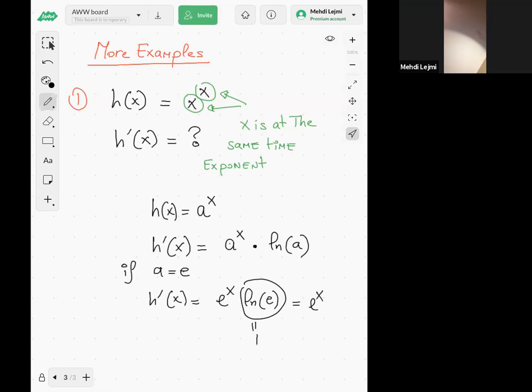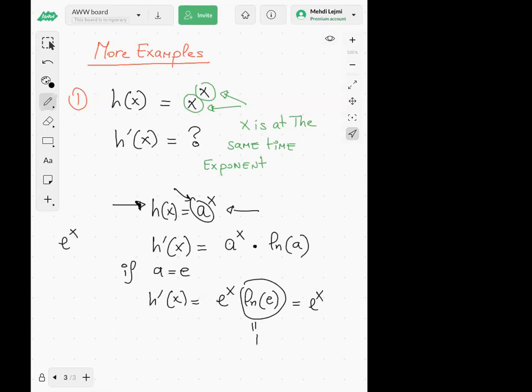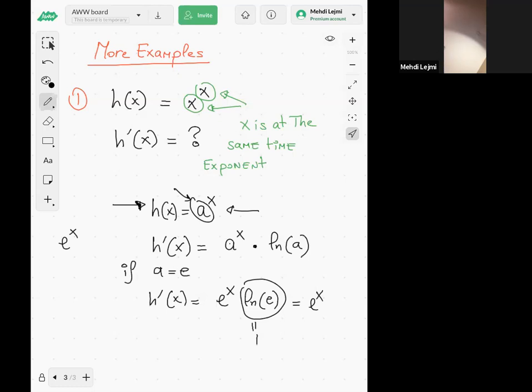So what I'm saying is, the exponential function is when the base is some number a. E to the x is just a special case of the exponential functions. When you have a to the x, that's what I call an exponential function, the exponential function with base a.